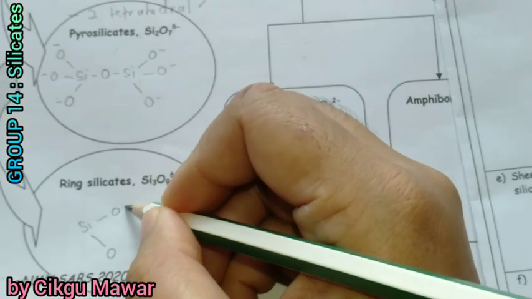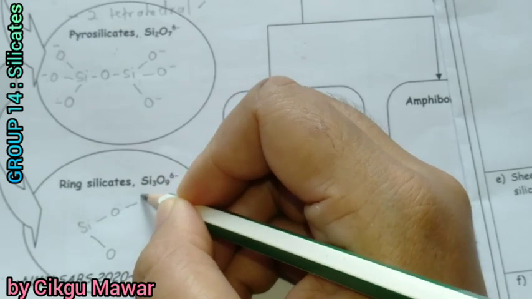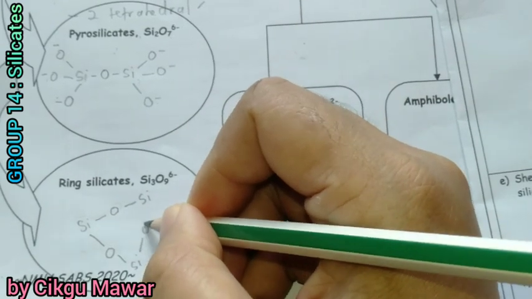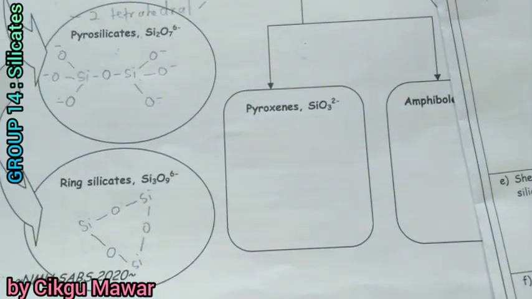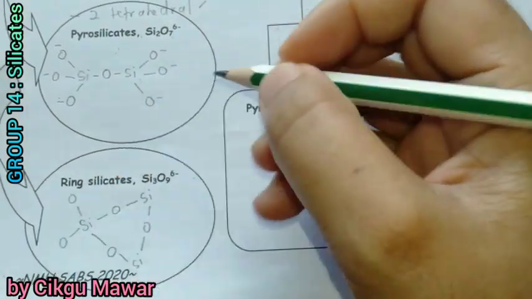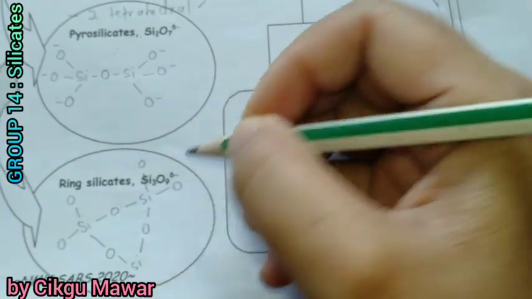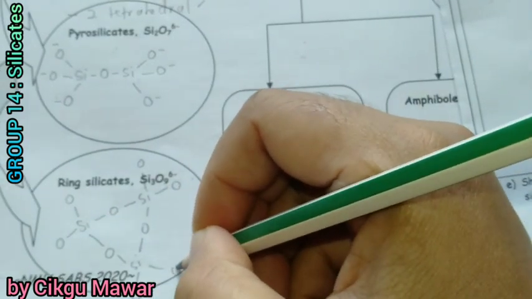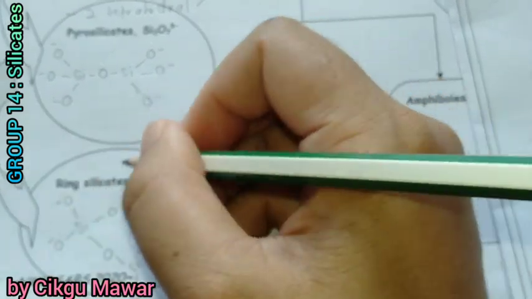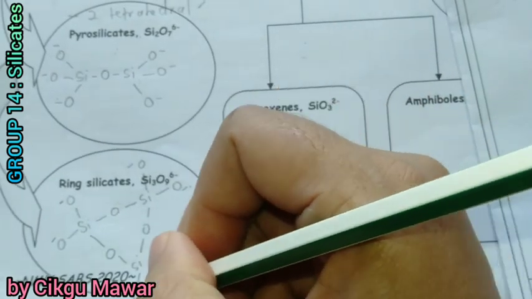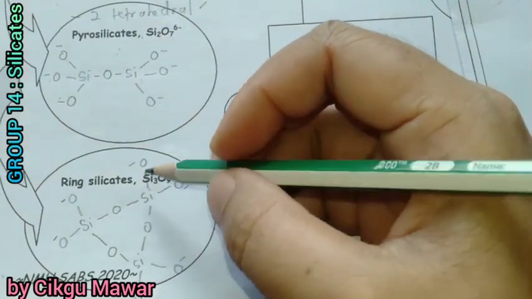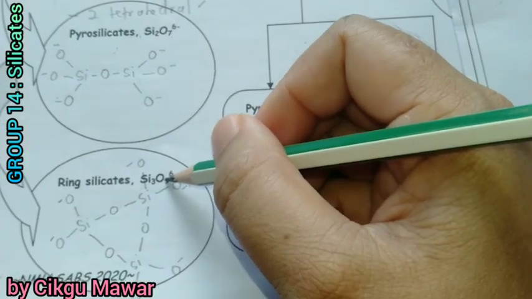So it consists of another Si and then another O. So it will form a triangle. Don't forget that one Si is bonded with another 2. And then the unbonded oxygens carry the ion charge. So this is the ring silicate structure. How do we calculate the basic structural unit in ring silicate?